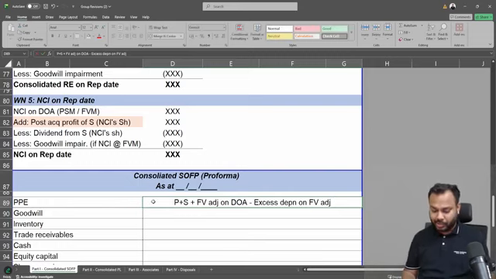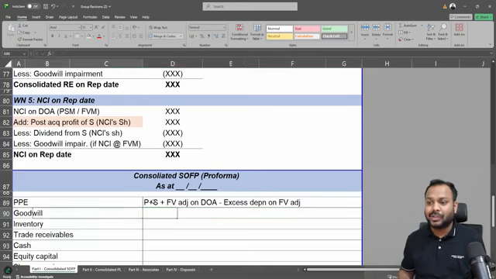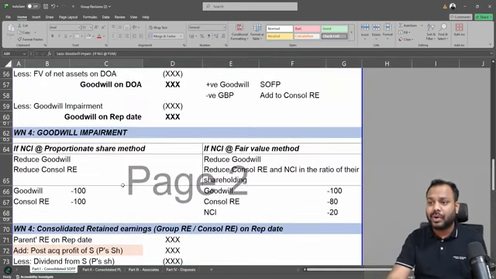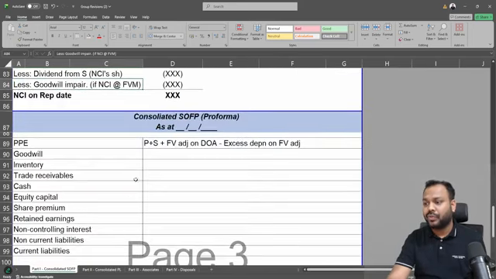This is what will be reported under PPE. Now, what is the value of goodwill that you report? Goodwill we have computed in working note number 3.